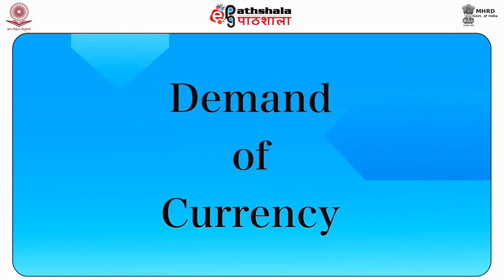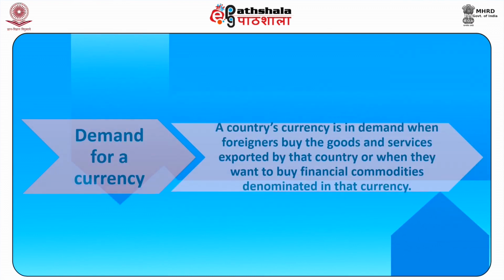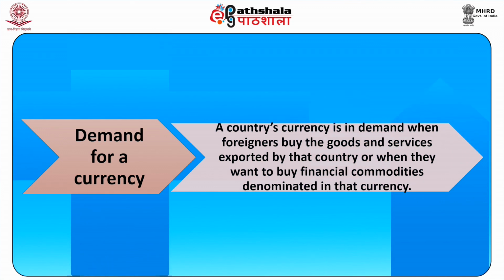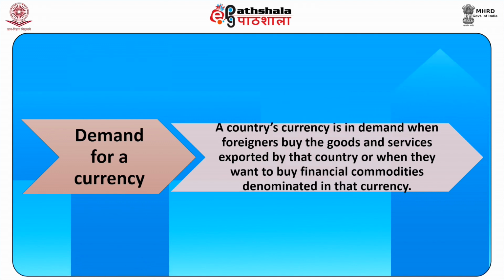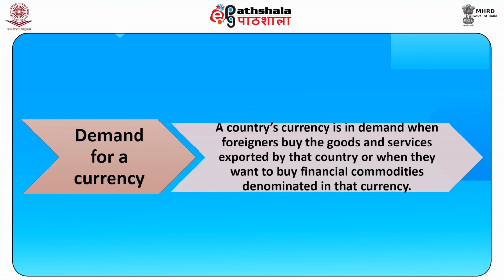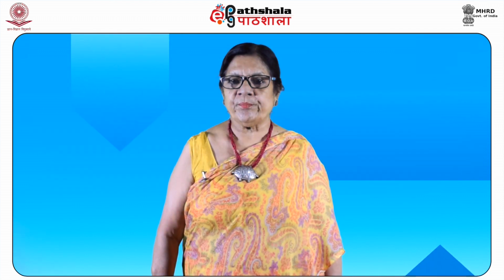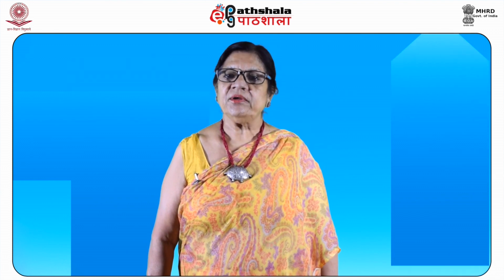Let's look at the demand for a currency. A country's currency is in demand when foreigners buy the goods and services exported by that country, or when they want to buy financial instruments denominated in that currency. For example, the demand for the US dollar is derived from demand for US goods and services in other countries.